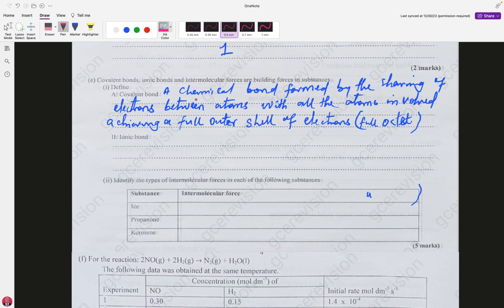So we can now summarize a definition for ionic bond to be a chemical bond formed by the transfer of electrons from one atom, usually a metal, to the other non-metal, resulting in electrostatic force of attraction between oppositely charged ions. Okay, let's put it this way.